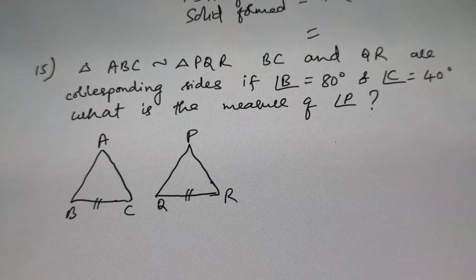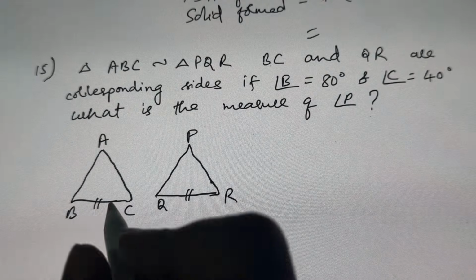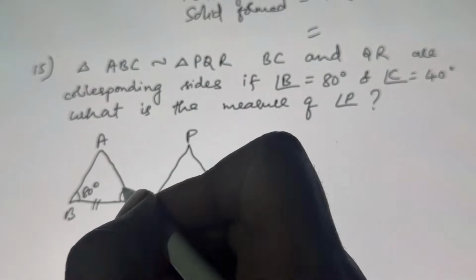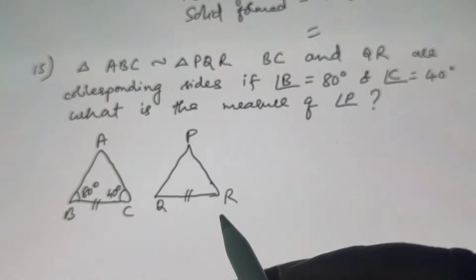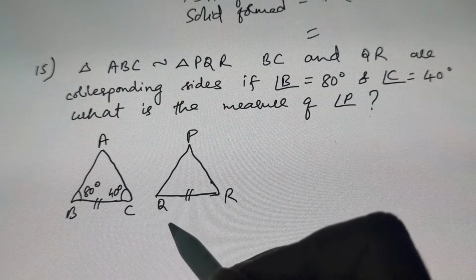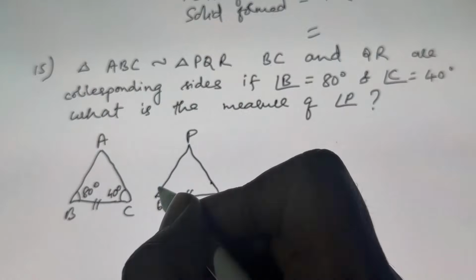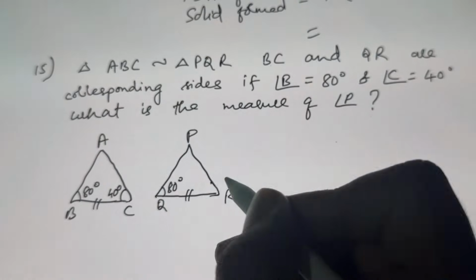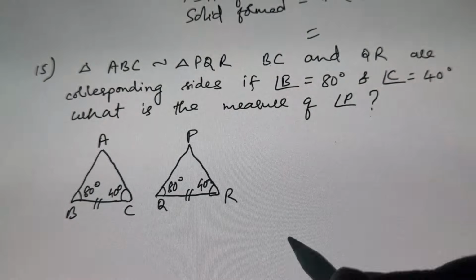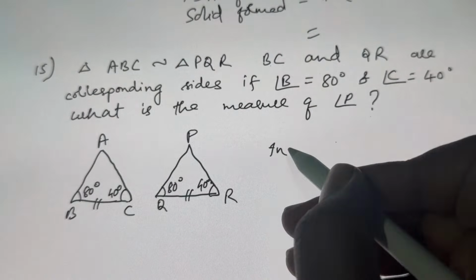So corresponding angles are equal. And they have given angle B as 80 degree and angle C as 40 degree. So as the triangles are similar and also have corresponding sides, angle Q is also 80 degree and angle R is also 40 degree.